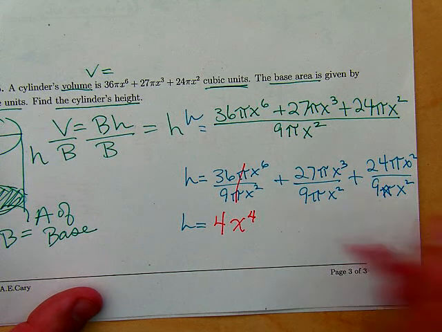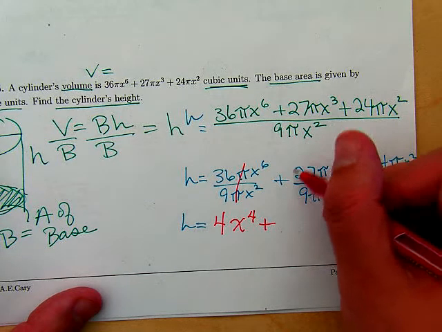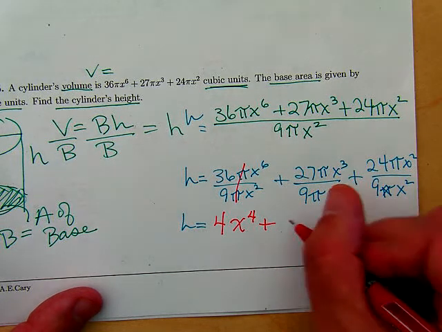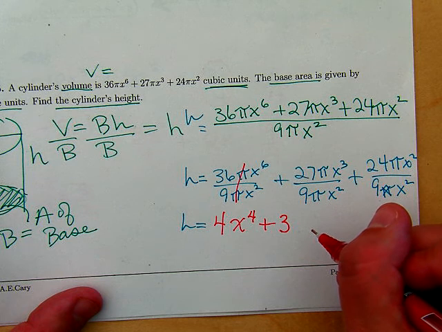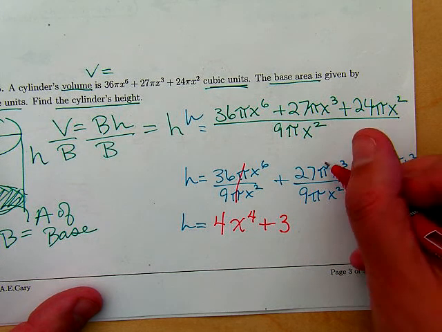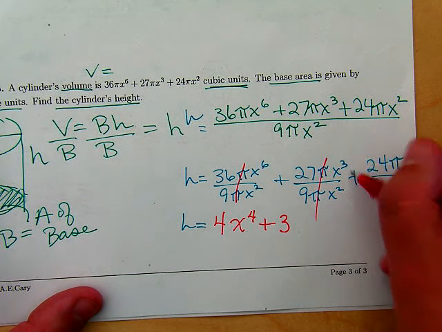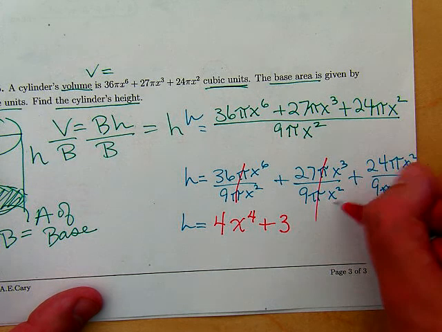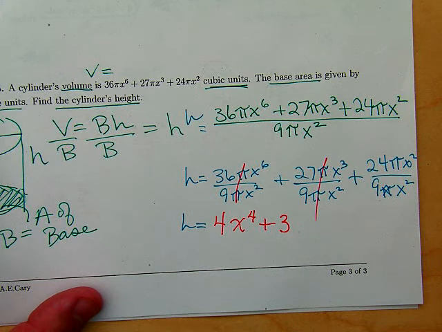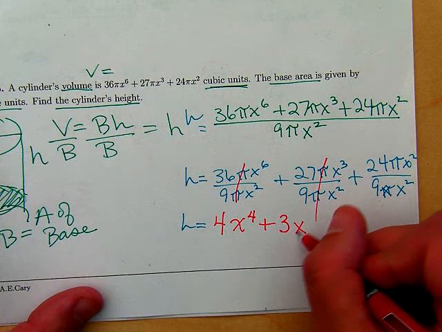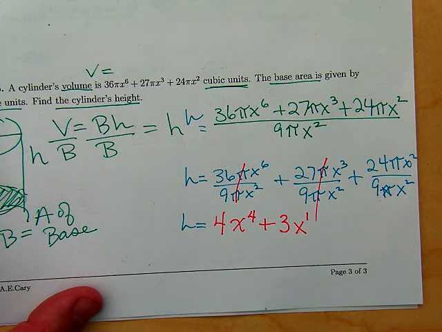That's the quotient rule. Plus, how many times does 9 go into 27? 3, right? How many times does pi go into pi? Again, 1. They cancel, right? How many times does x to the third divide by x squared? X to the first, right?